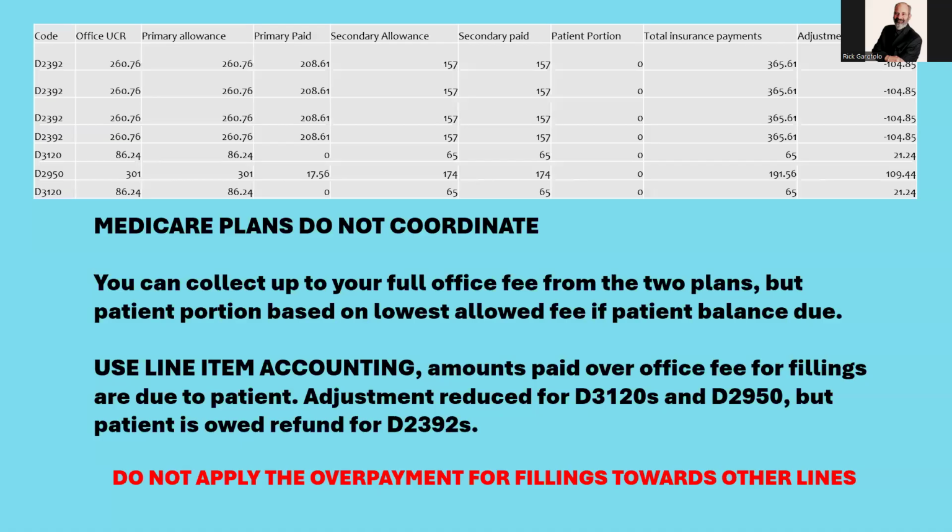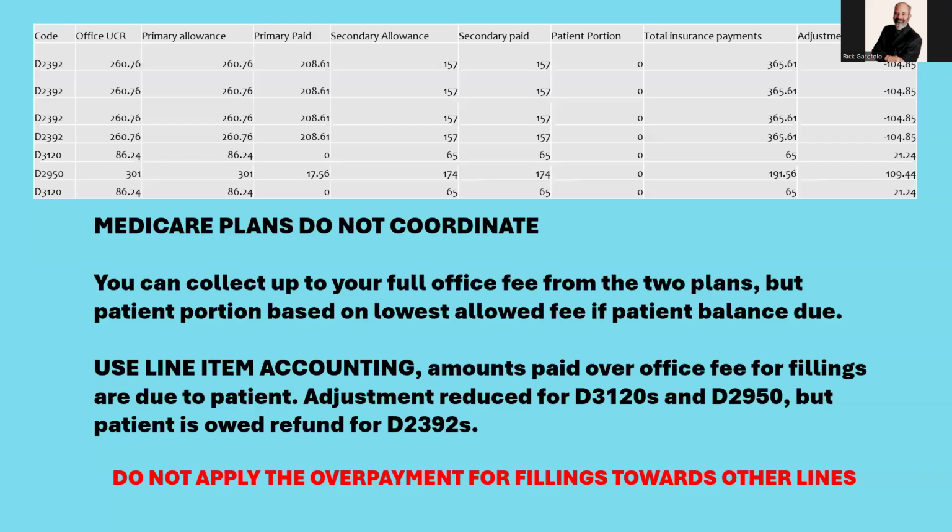goes to the patient. You see here, patient portion, zero. The patient owes nothing out of pocket, but you're actually going to write them a check for $416 because their secondary is a non-coordinating, and you can only collect your office UCR. You can't collect more than you charge.